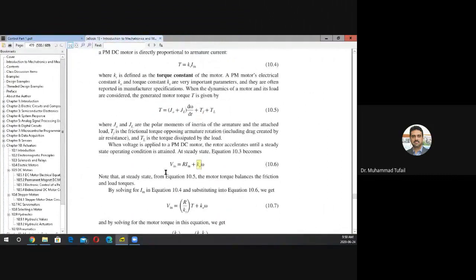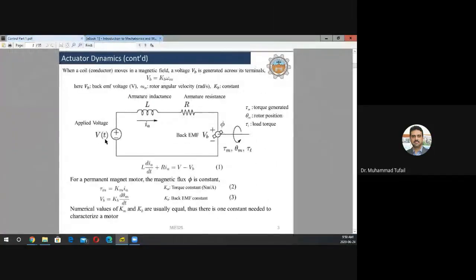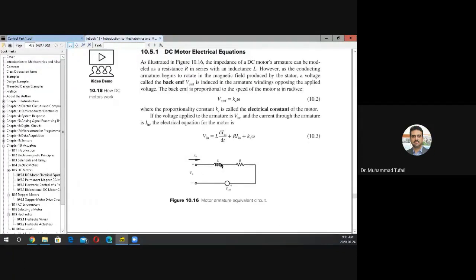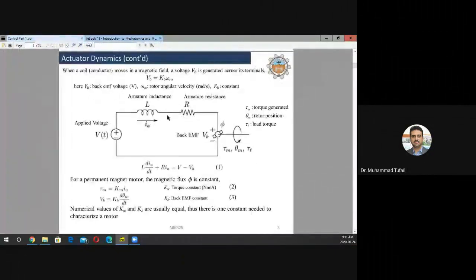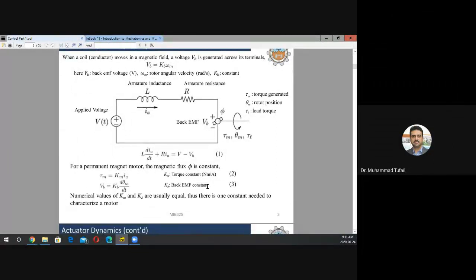If you look at this diagram, we input, and this time we call it V of t. It's not a big change. L is the inductance of the motor, then R, and then we have the back EMF, which here we call VB because it's a kind of feedback.